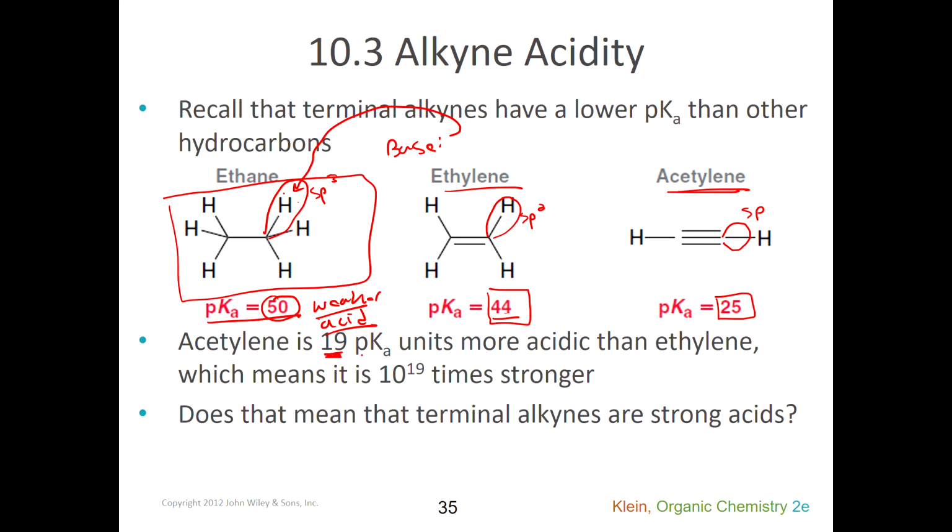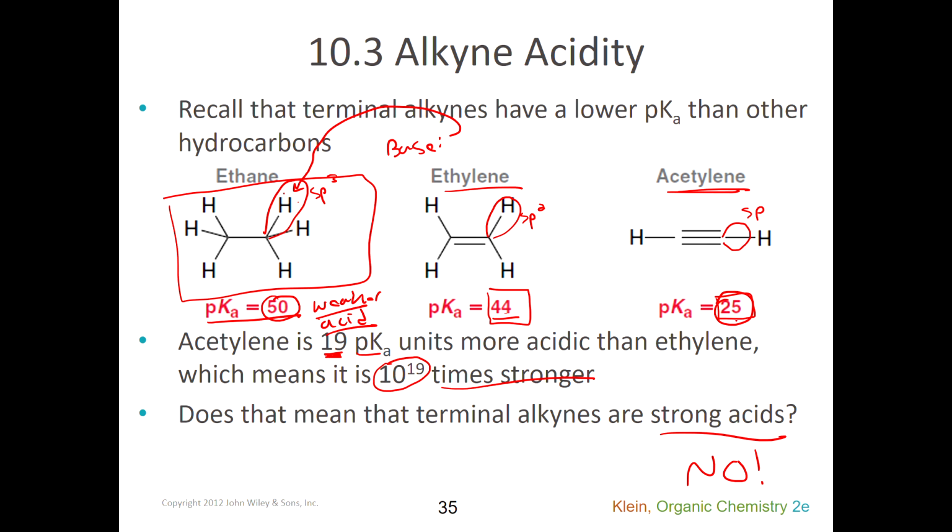And if I remember that the pKa is a log-based scale, that means that acetylene is 10 to the 19 times stronger as an acid than ethylene. Does that mean it's a strong acid? Hell no. It still has a relatively high pKa. It's still quite a weak acid.